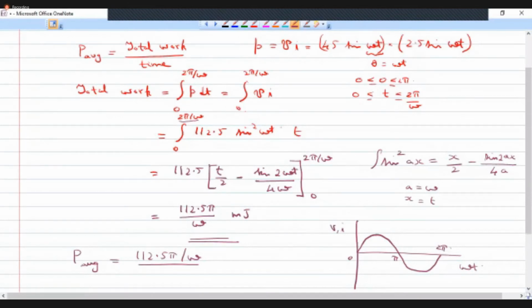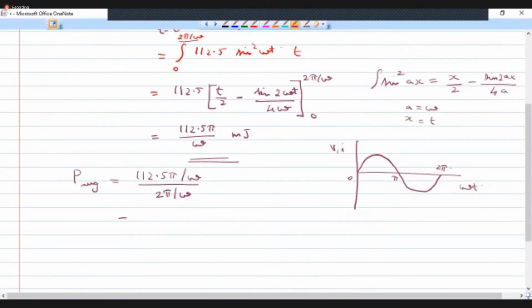We have integrated it from 0 to 2 pi by omega, right? So we have integrated from t is equal to 0 to t is equal to 2 pi by omega. The omega will get cancelled, so we'll get the average power as equal to 56.25 milliwatts.